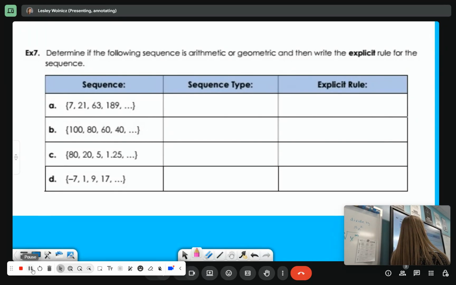Remember, they go explicit, recursive, right? So I'm writing an explicit rule this time. So my explicit ones are my first one and my third one. So it says A sub n equals my A sub 1 plus, do you guys see how the D is written after the parentheses?